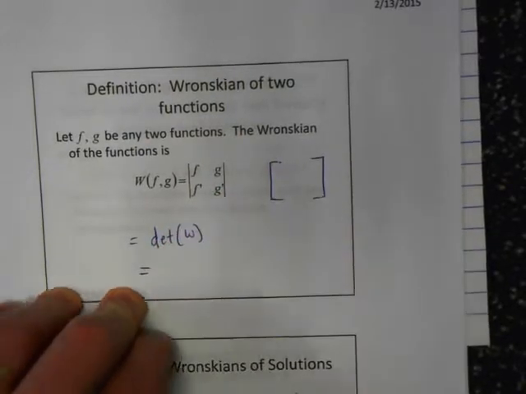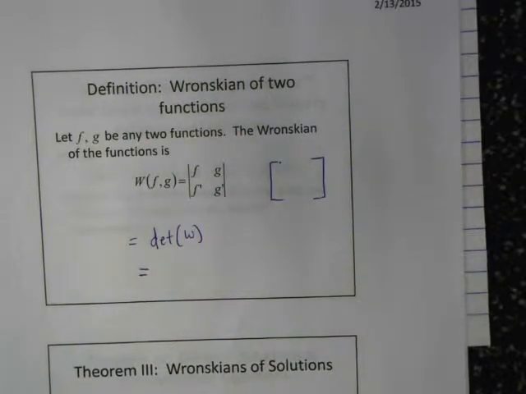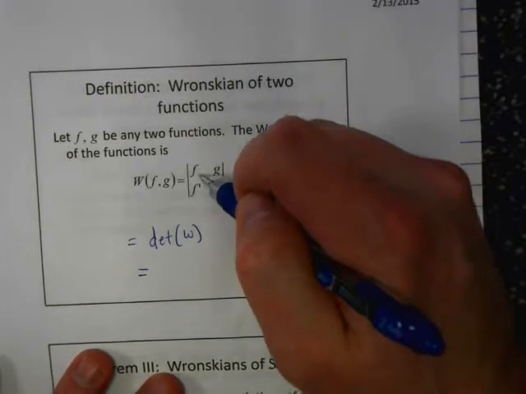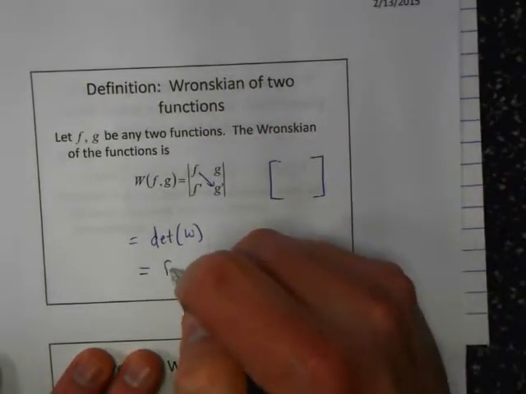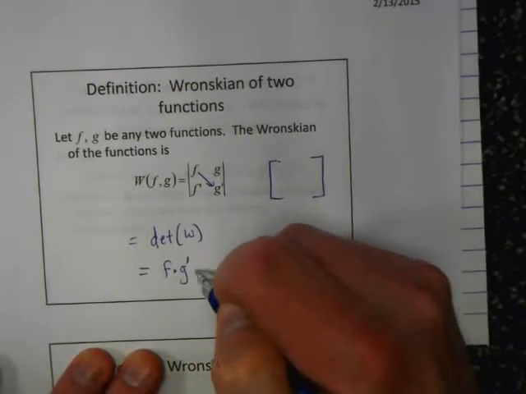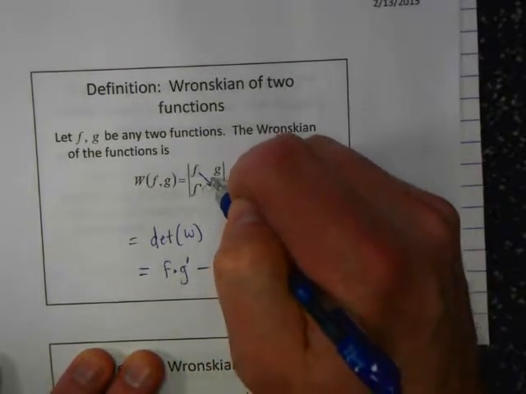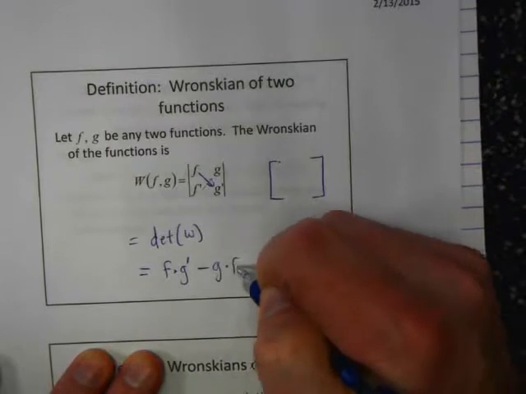If you're dealing with a 2 by 2 matrix, what's this determinant? Anybody know how to figure that out? It'd be f times g prime minus f prime times g. You multiply diagonally this way, so you're going to have f times g prime, and then you subtract and multiply the other way, g times f prime.